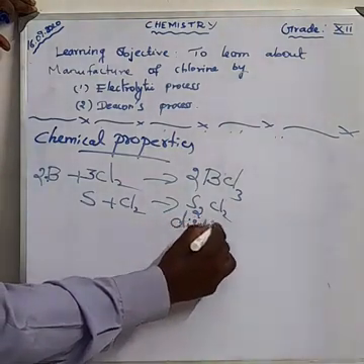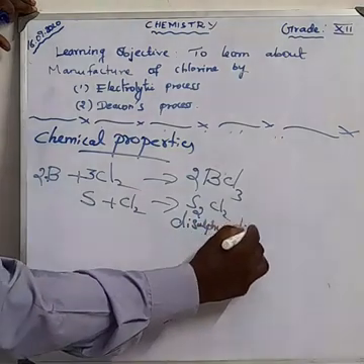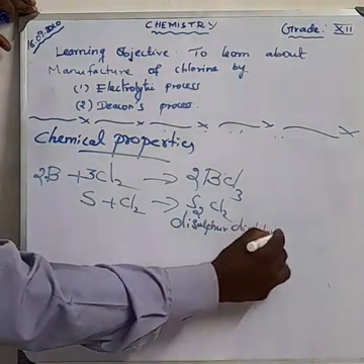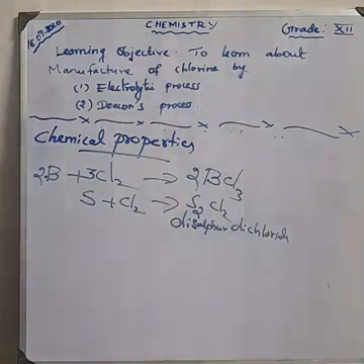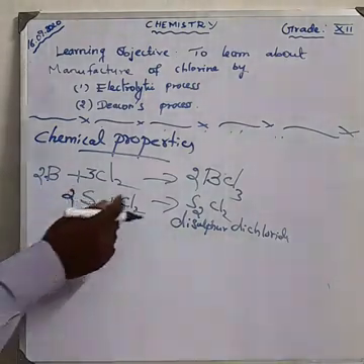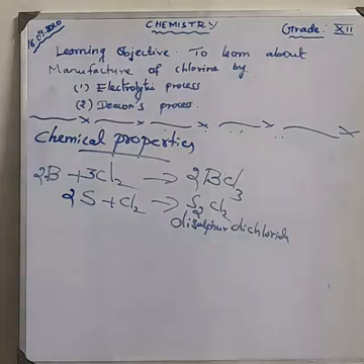Disulfur dichloride. What's the name of the compound? Disulfur dichloride. How can we balance the equation? They are having 2 sulfur, here having only 1 sulfur. So make it 2 sulfur here. Clear? They are having 2 chlorine, 2 chlorine. Now the equation is balanced.